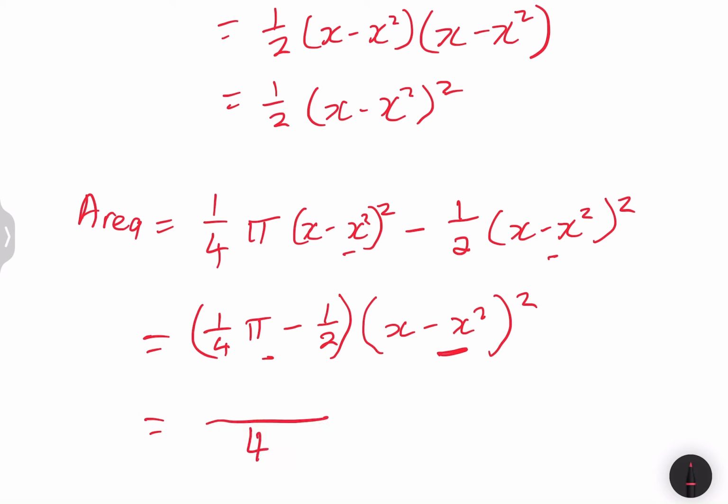And you always say LCD divided by the denominator, right? So that's 4 divided by 4, which is 1, multiplied by pi, that will give us pi, okay? And again, you say LCD divided by 2, that will give us 2. 2 times 1 is 2, so that's going to be pi minus 2, okay?